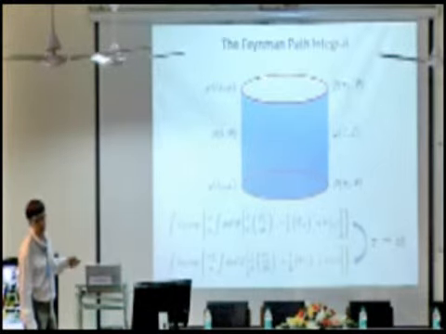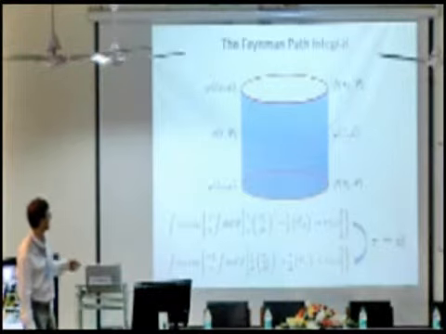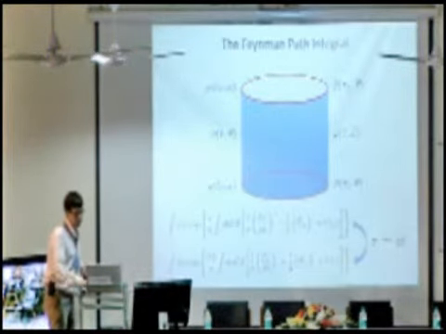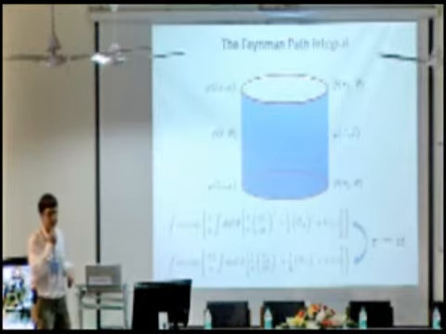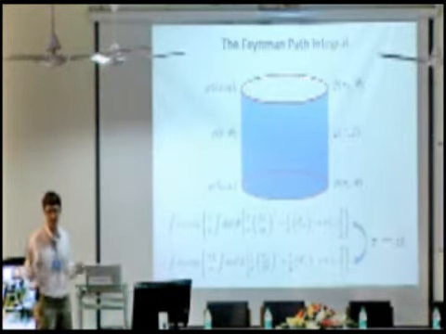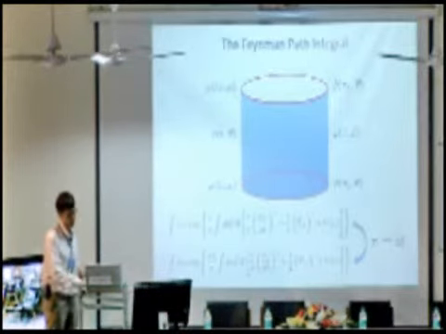We get a nice convergent answer as a function of tau, and then we get back to the answer we wanted, the Lorentzian path integral, by analytically continuing back to real values of t. Okay, so that's the idea, and that works beautifully in all non-gravitational field theories, basically involving scalar fields and spinors and gauge fields.